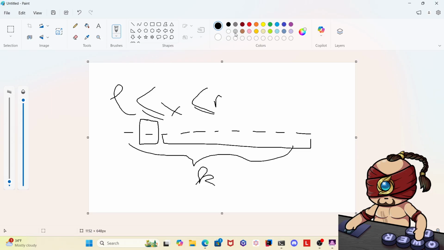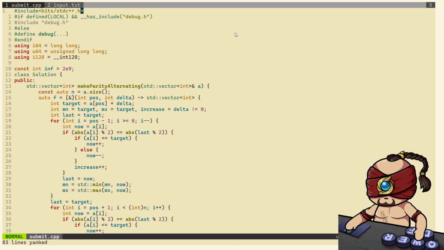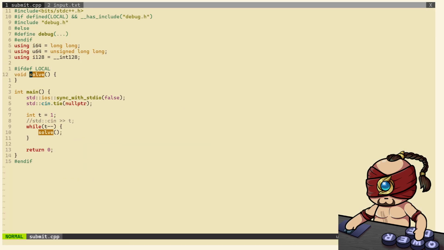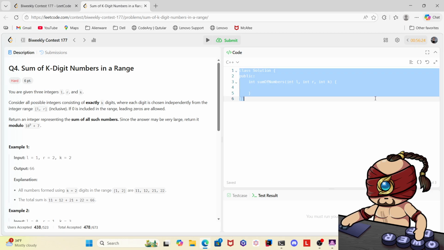So we can see that each digit appears that many times. And so we can tell something about, I don't know the answer.